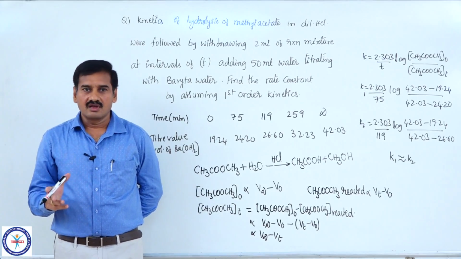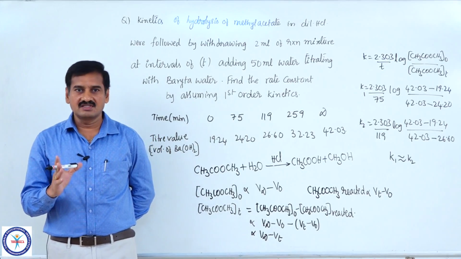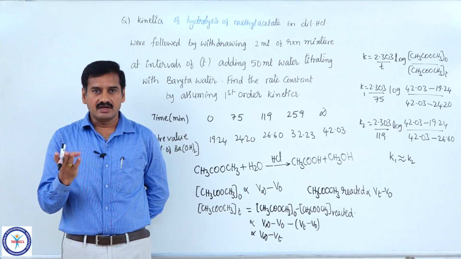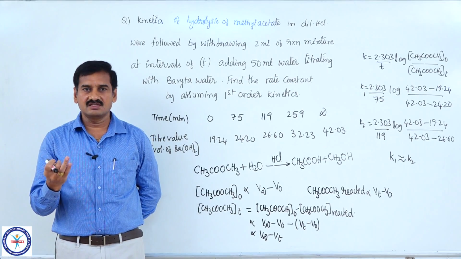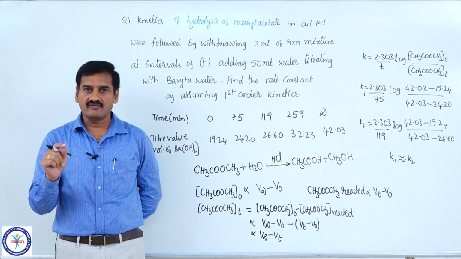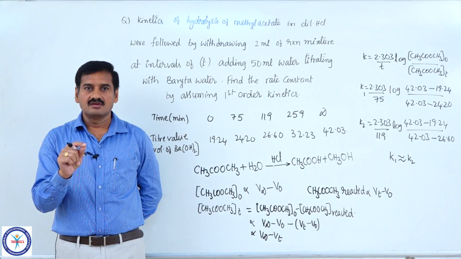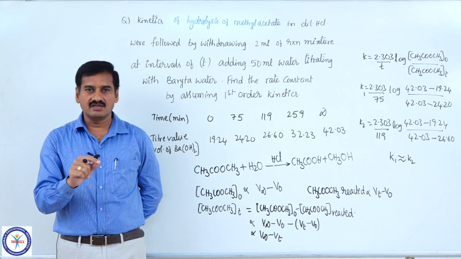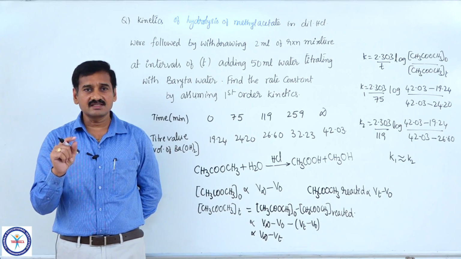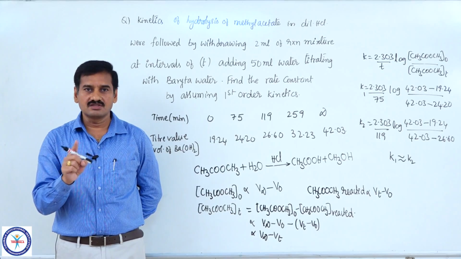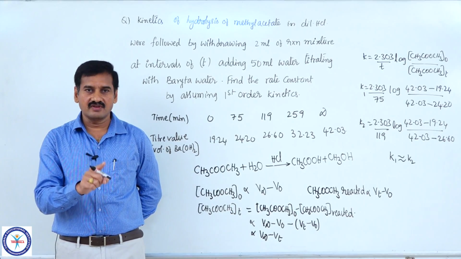So, in chemical kinetics, so far we have discussed the rate of reaction, average rate, instantaneous rate. For a general equation aA plus bB gives products, how to write the rate equation. Similarly, factors affecting the rate of reaction: nature of reactants, concentration of reactants.